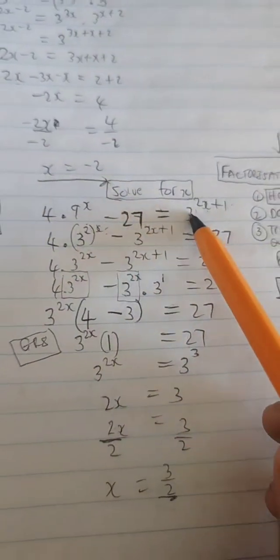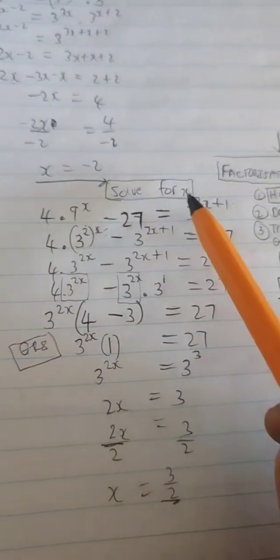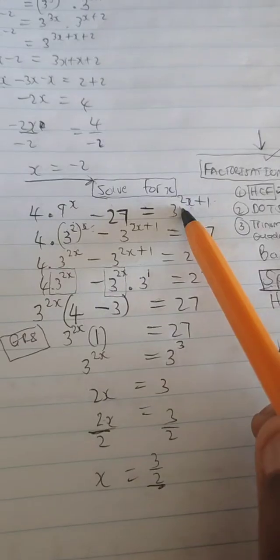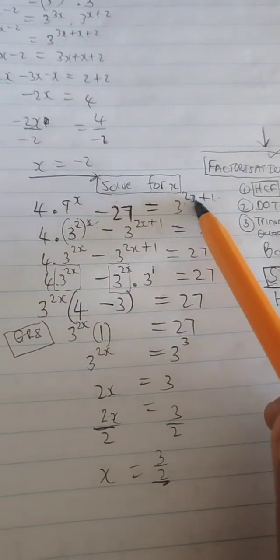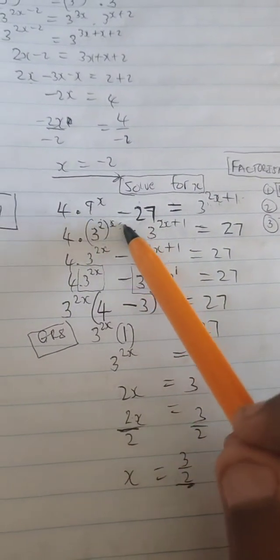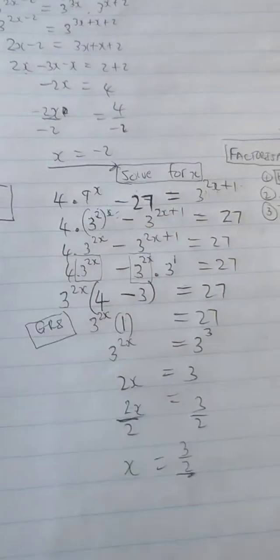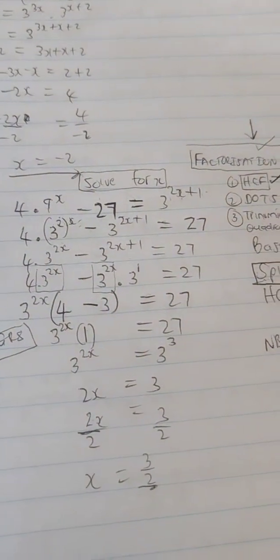for different terms, we have family members that are the same. The exponents are the same.